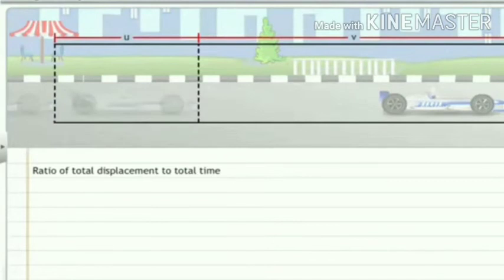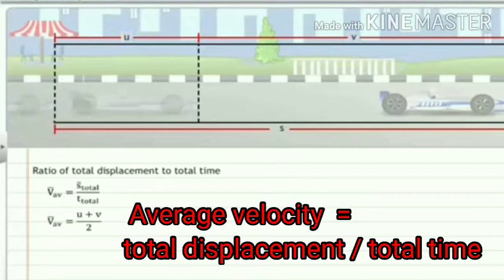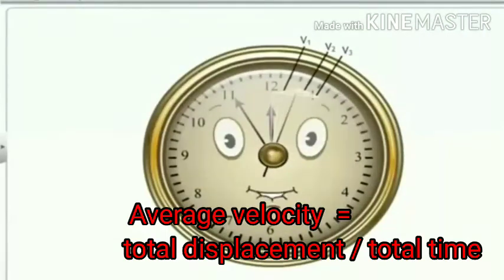So, the velocity of a body is the distance traveled by it per unit time in a given direction. Here, V is the velocity, S is the displacement traveled in a given time t.